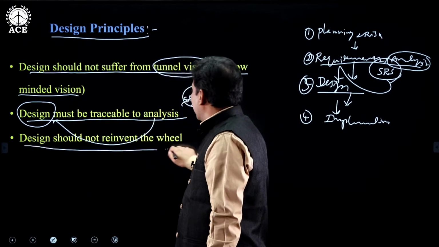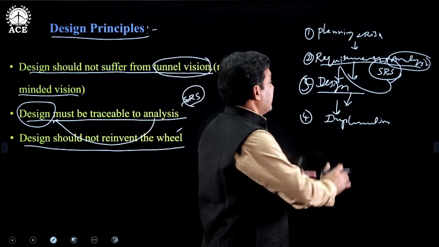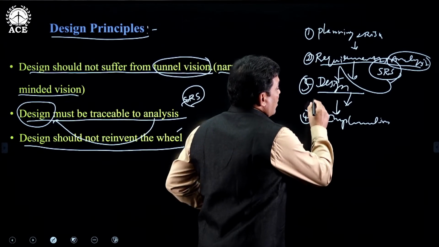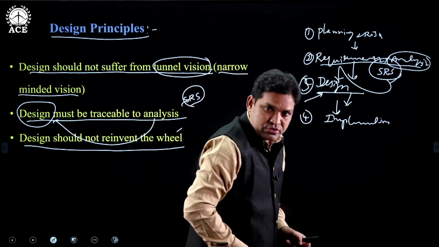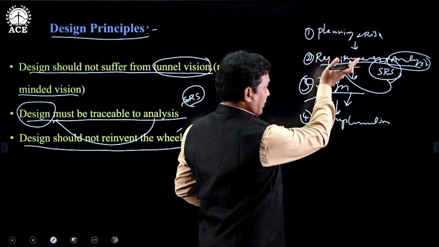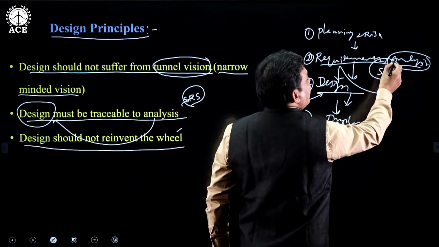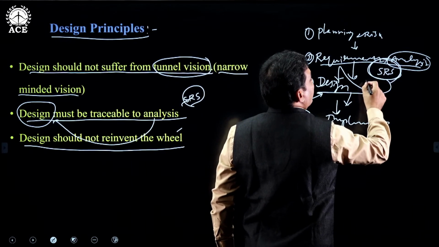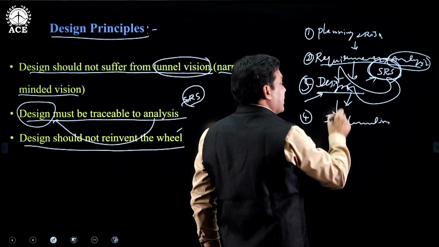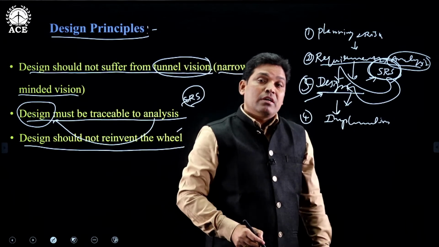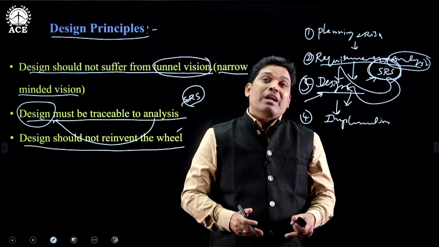Design should not reinvent the wheel. What does that mean? When designers are designing a software system, they should not include their new ideas without the previous phase. What is exactly given in the requirements and analysis phase, what this SRS document consists of, the requirements given by the client, based on that only design should take place. Designers should not design their own model based on their own ideas.